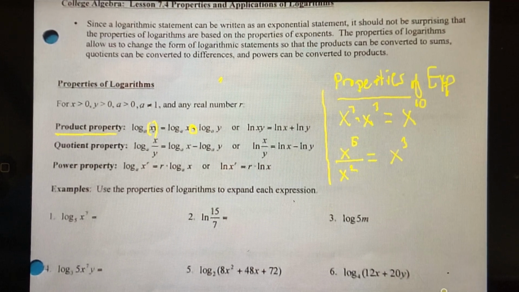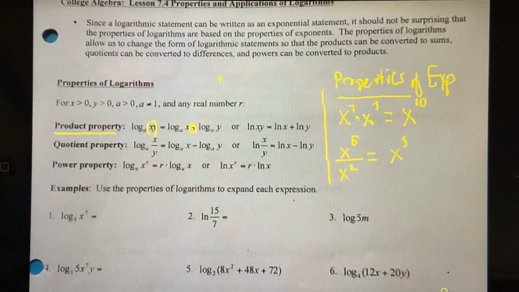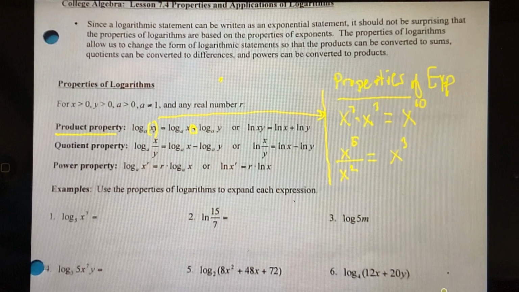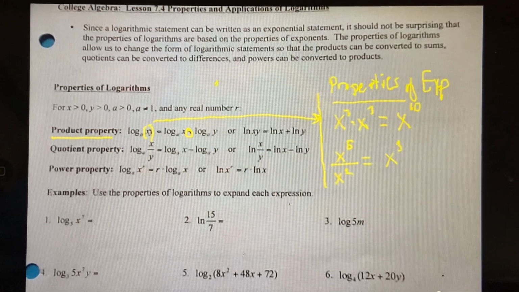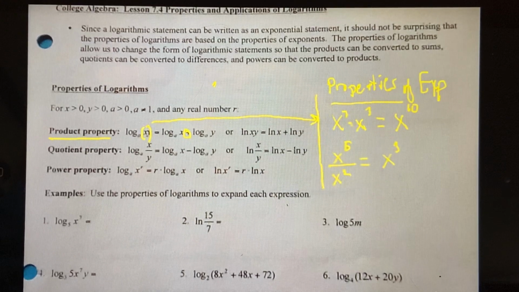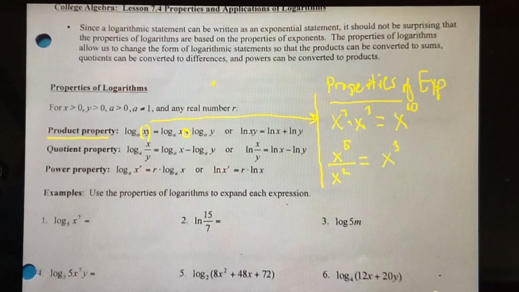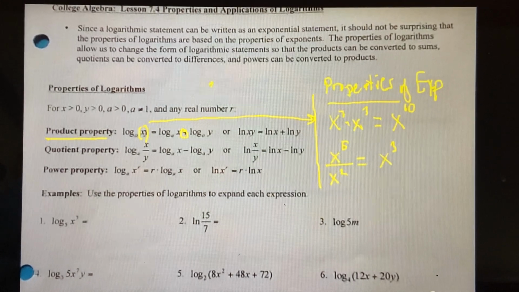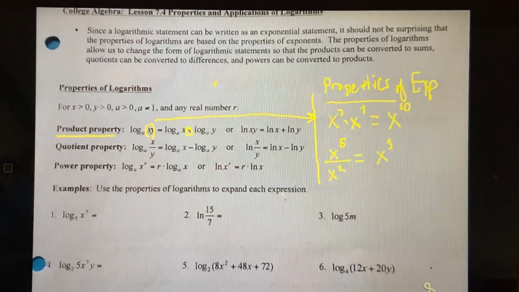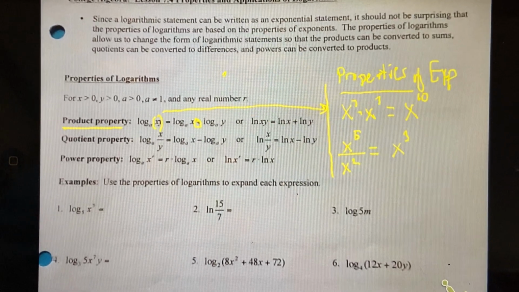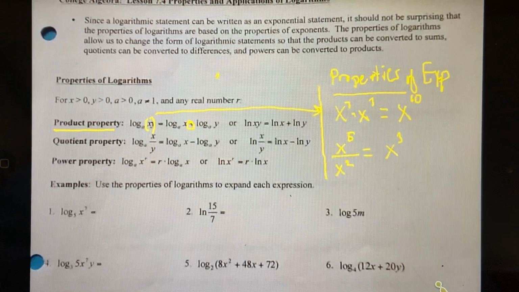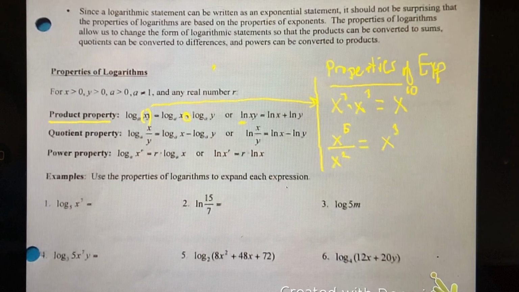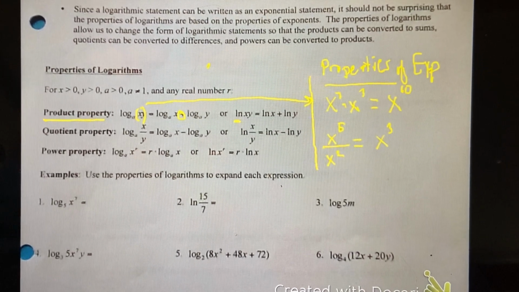Connect it back to the exponent question: what did we do when we multiplied the same base? We added the exponents. I do the opposite with a logarithm. When I have multiplication inside a logarithm, I end up adding, and vice versa. When I see an addition, that means I've actually multiplied those two together. It works the same way with a natural log: the natural log of xy, x times y, is the natural log of x plus the natural log of y.